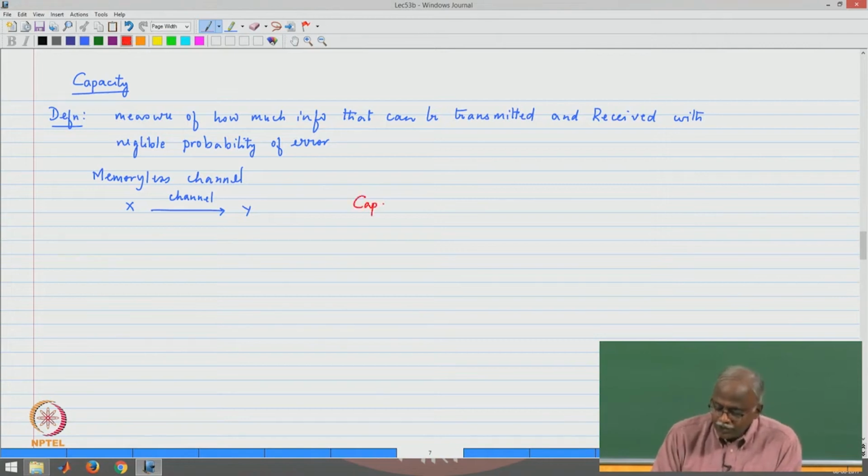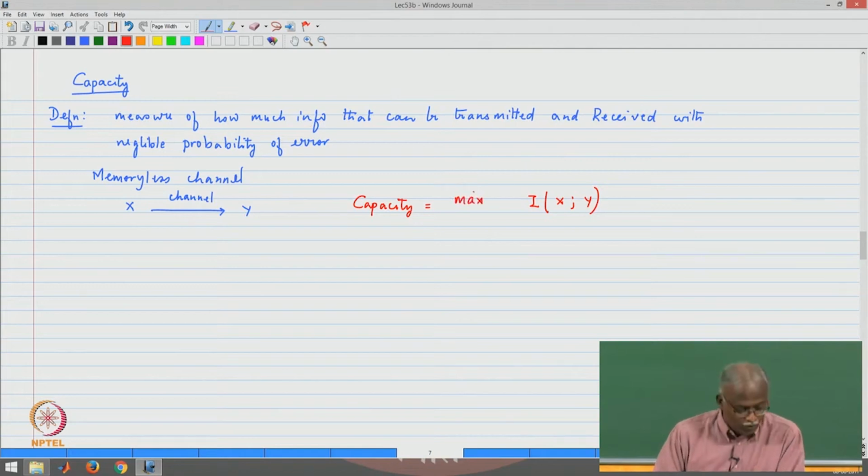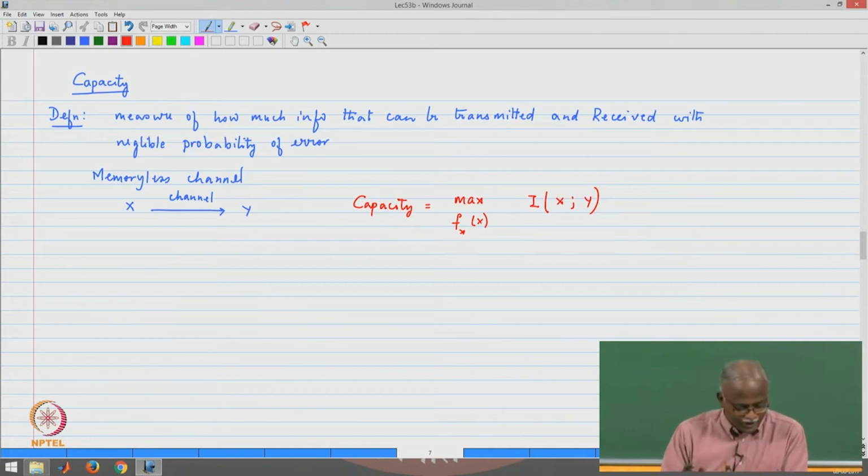So, we introduce capacity as the mutual information I between X and Y. That is the information that can be transmitted through the channel, maximized over all possible probability distributions of X. So, over all possible distributions of X, what is the maximum mutual information that we can achieve, and that is what we understand as the capacity of a memoryless channel.